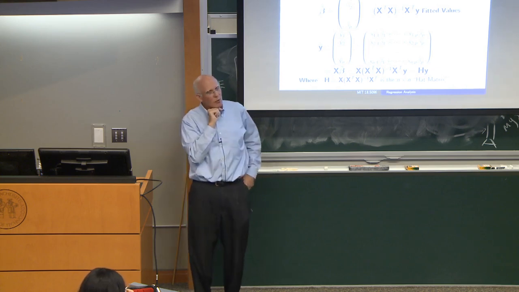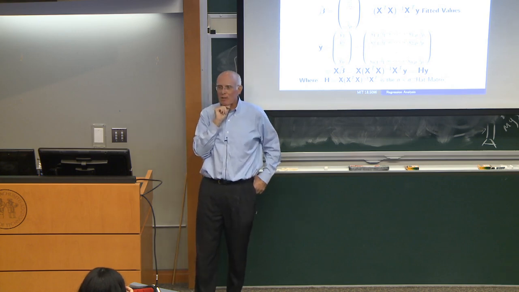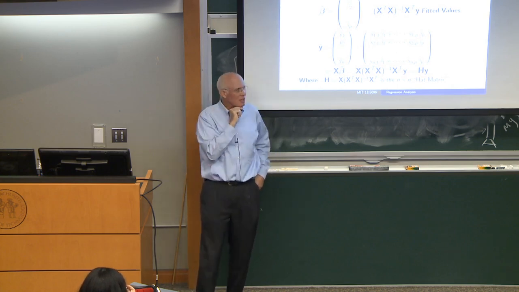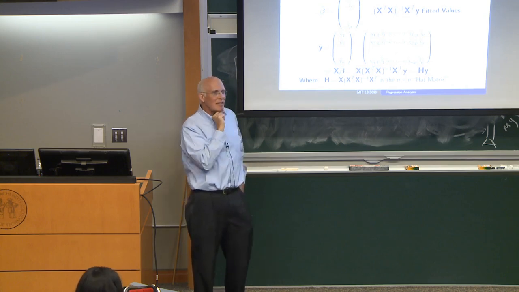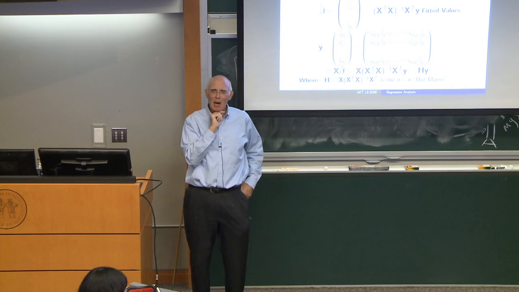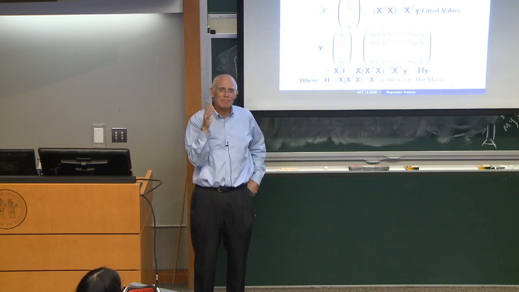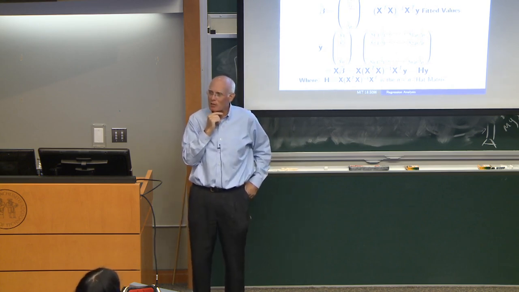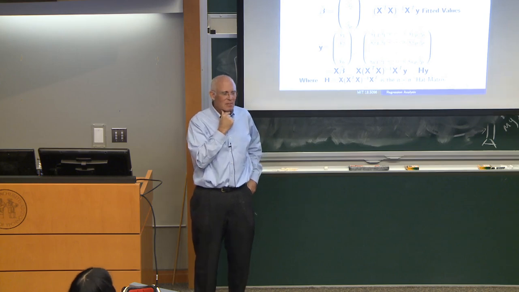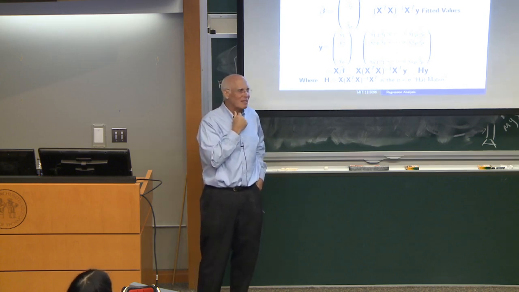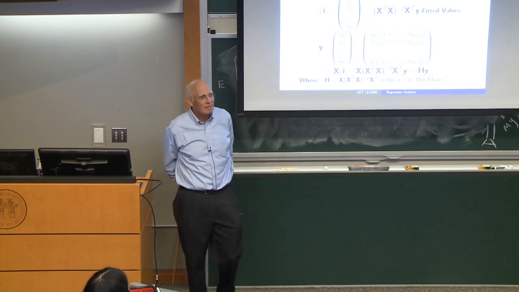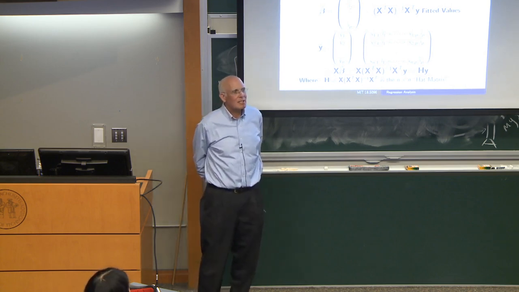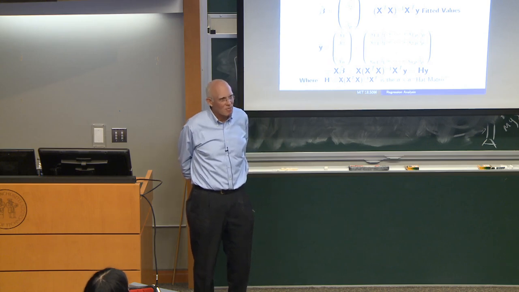The problem set is going to cover some properties of the hat matrix. Does anyone want to make any comments about it? This hat matrix is actually a very special type of matrix. Does anyone want to point out what that special type is? It's a projection matrix. Okay, yeah.